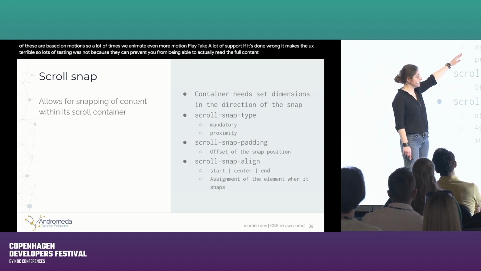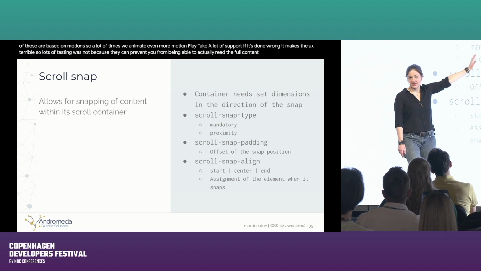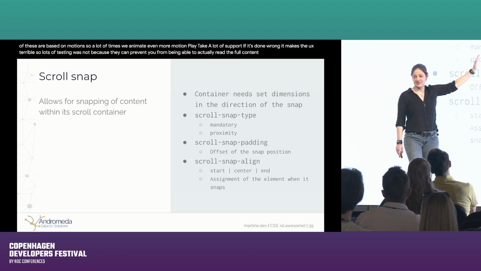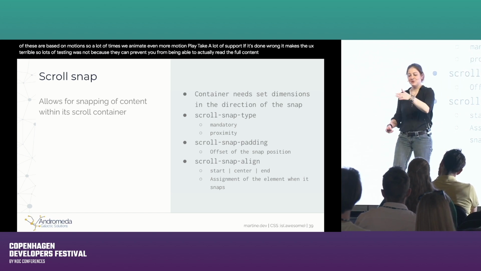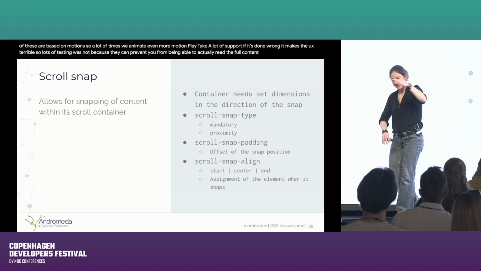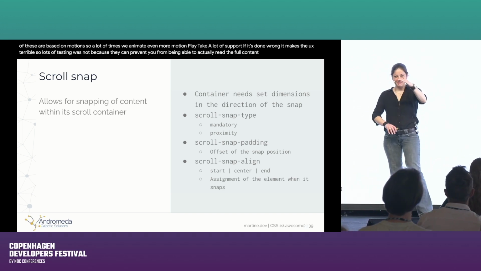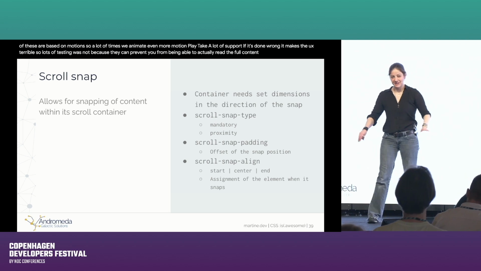There's 2 options, mandatory and proximity. This is where you're going to end up with issues if you have it set to mandatory and whatever content you have is larger than your viewport. It will snap, and it will snap to the next one, and it will snap to the next one, and that bottom part that's not in viewport will never be able to get reached.